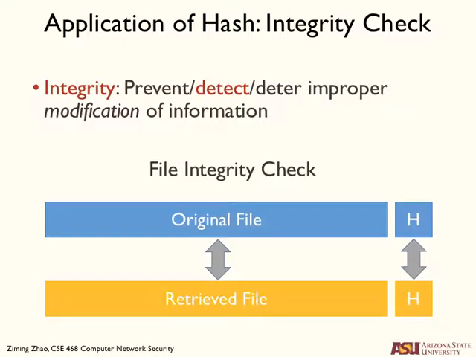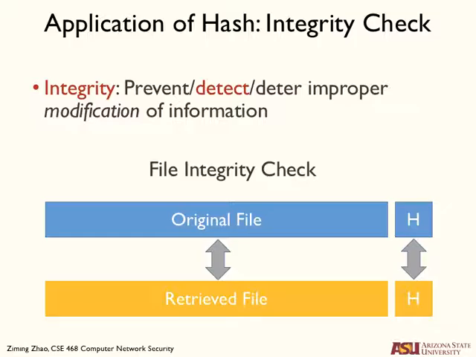So the first application of a hash function is integrity check. Imagine that you are working on a file, then you save it to your Dropbox. How do you know the next time you open it, it is still the original file and no one modified it?